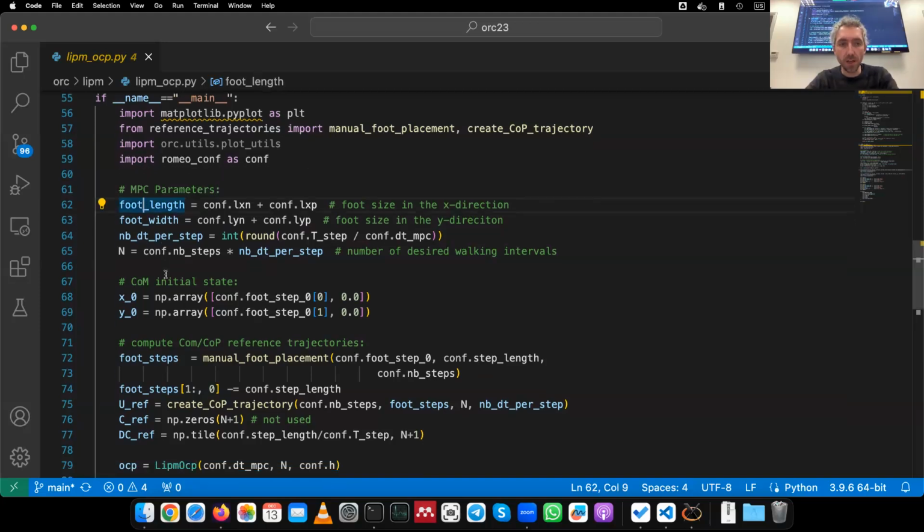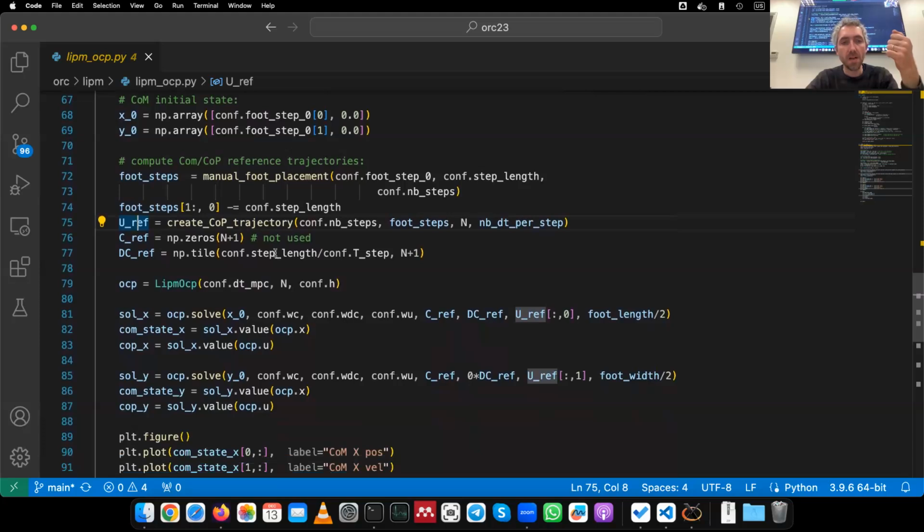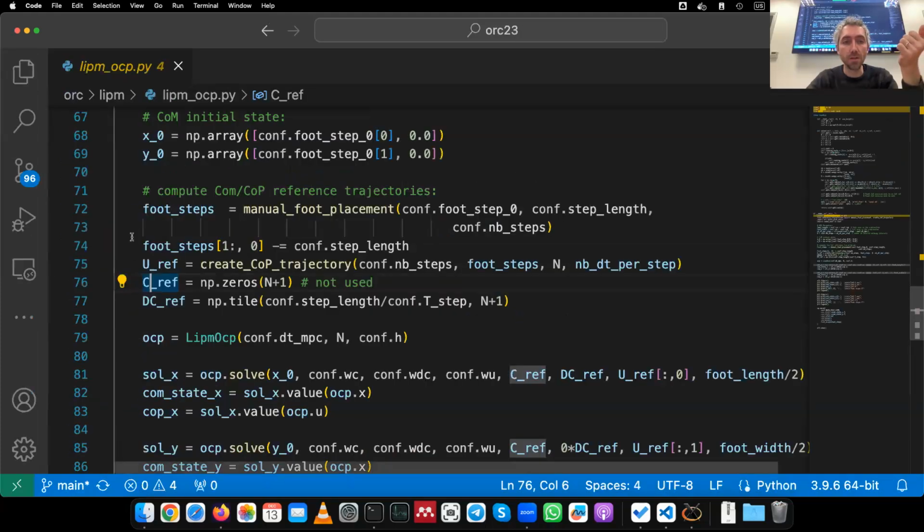So here, more or less, the first part of the main is what we have already seen in the slides. So we define all these parameters. We compute the manual foot placement. We compute the reference COP trajectory corresponding to the footsteps. Then we compute a reference also for the center of mass position and velocities.